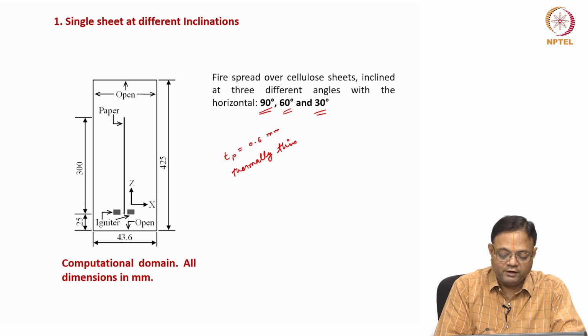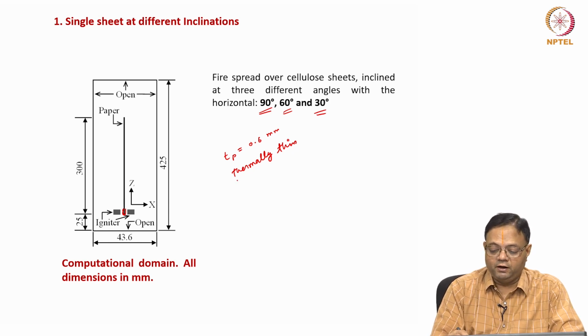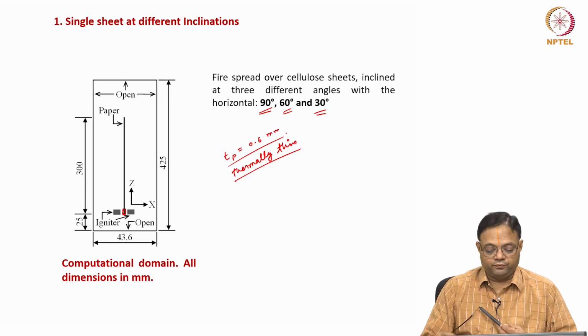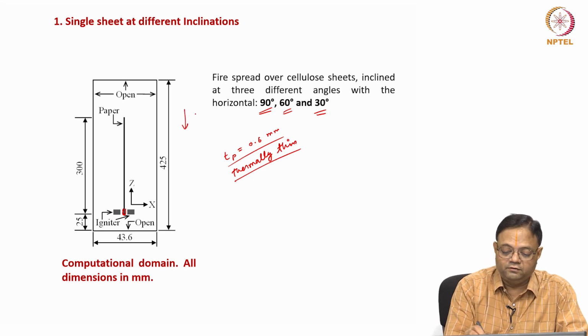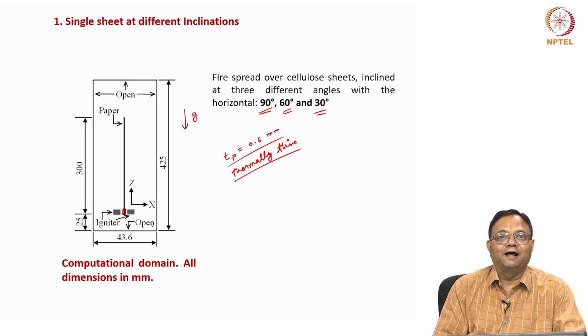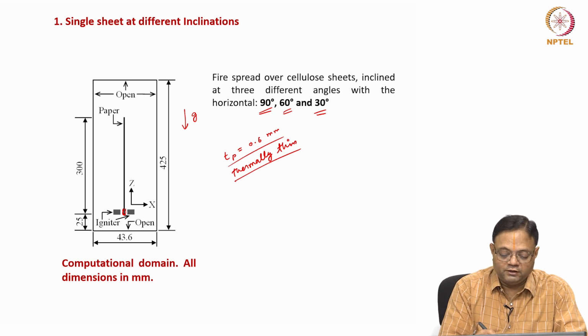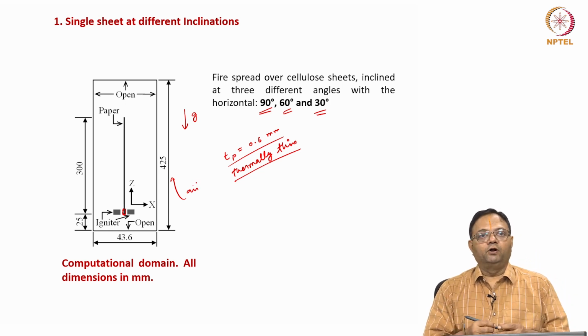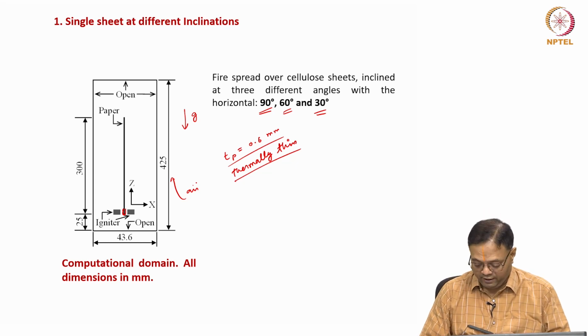You can see the igniter at the bottom, which ignites, and the flame forms over this and spreads. In a thin sheet this is concurrent flame spread, because gravity is acting vertically downward, and when you ignite this, the flame spreads in this direction. The buoyancy driven movement will be vertically upward, so the flame also spreads vertically upward in this 90-degree case.